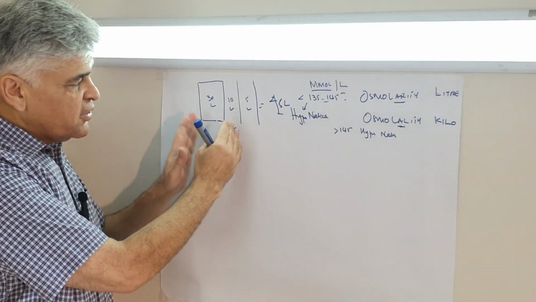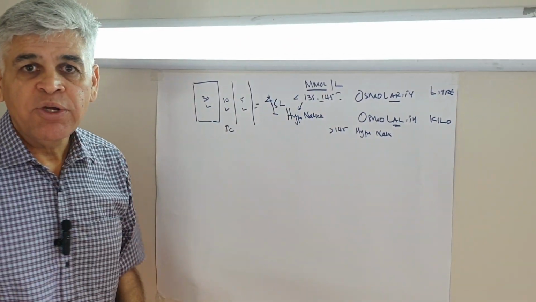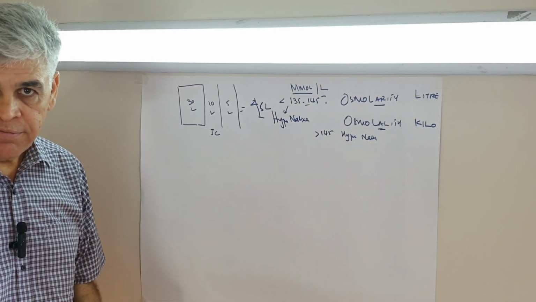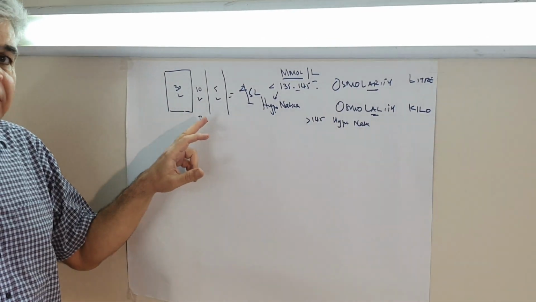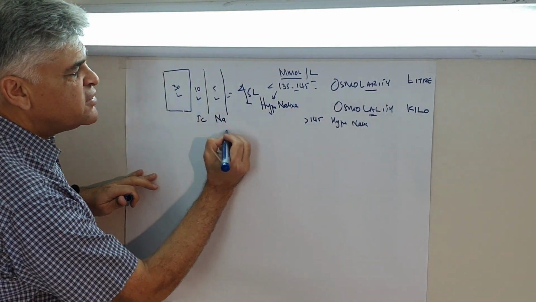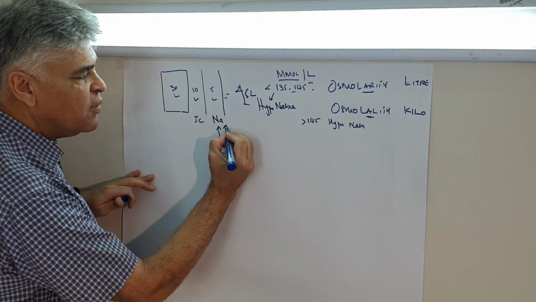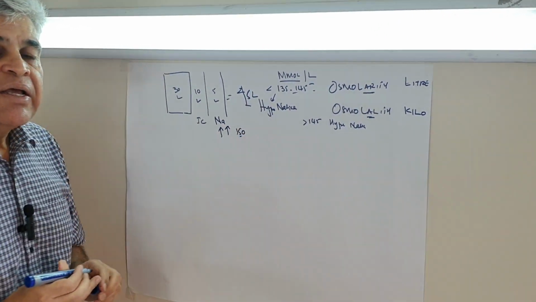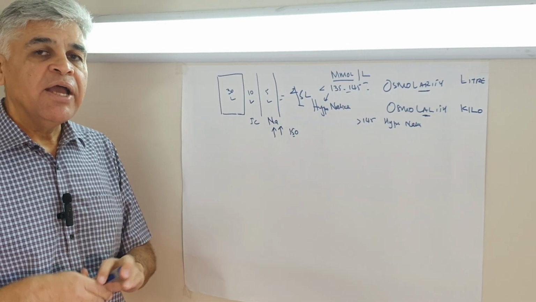And this amount of water also makes sure that the sodium level stays in the same range, which is between 135 and 145. If there is a change in the sodium content here, for instance, if I increase the sodium content to say 150, the blood is going to become hypertonic.